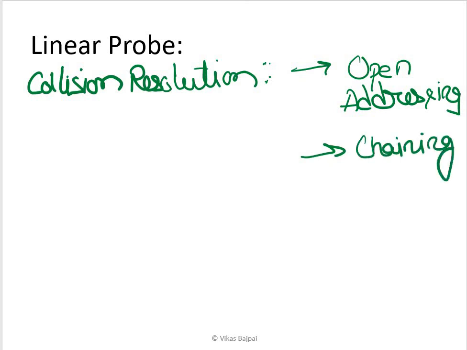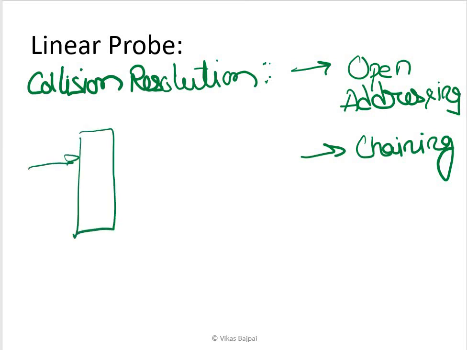Another one is chaining. So in open addressing, we place an item somewhere other than its calculated position.